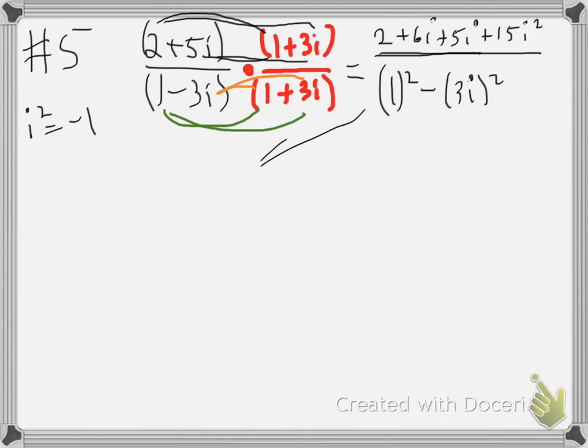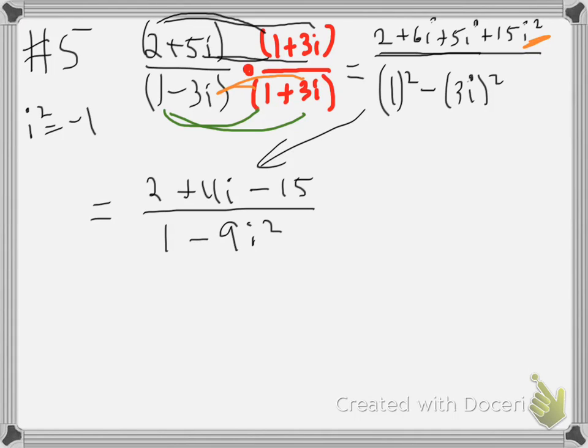So I'm going to come down here and work down here. And on top I'm going to get 2 plus 11i, and that i squared is negative 1 on the 15, so right here, that's negative 1, so this is really negative 15 over 1 minus 9i squared. And we already talked about that. This is really negative 1.